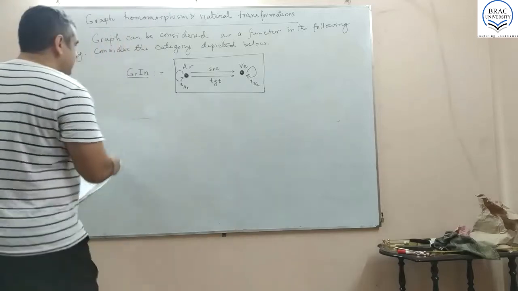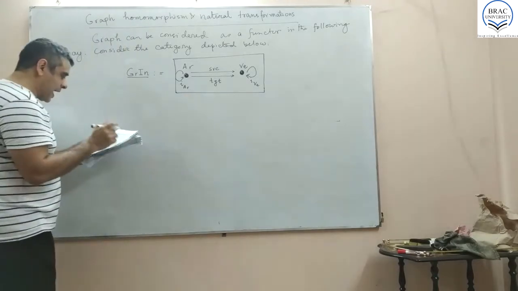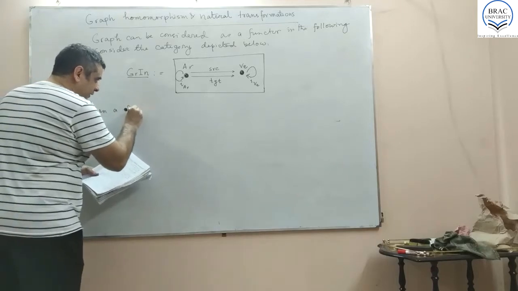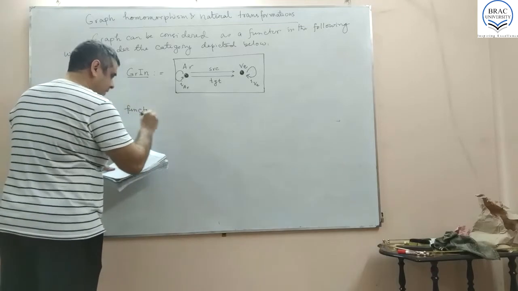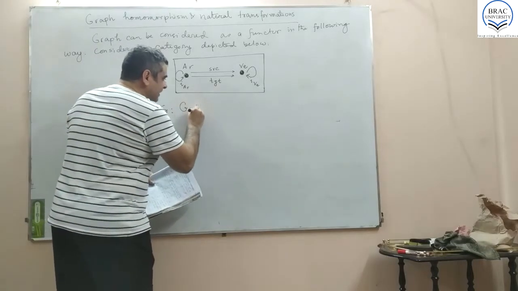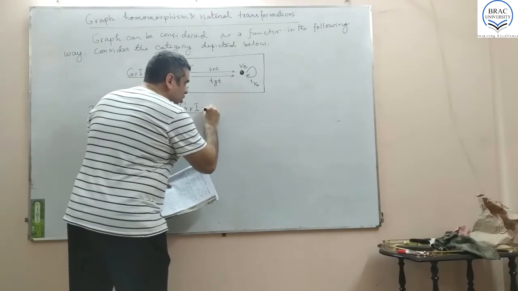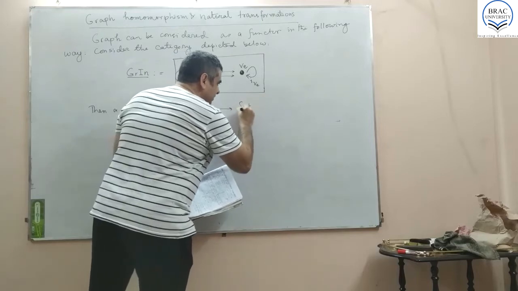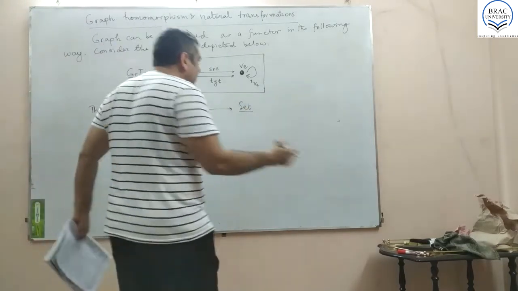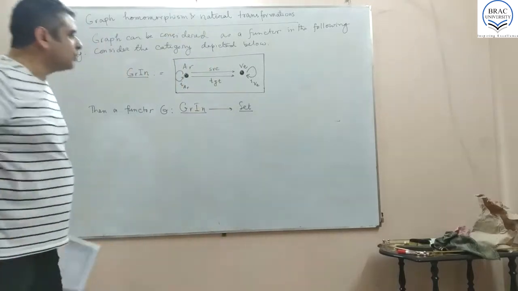So now, given this category, consider a functor G from this graph indexing category to the category of sets. What is this functor?